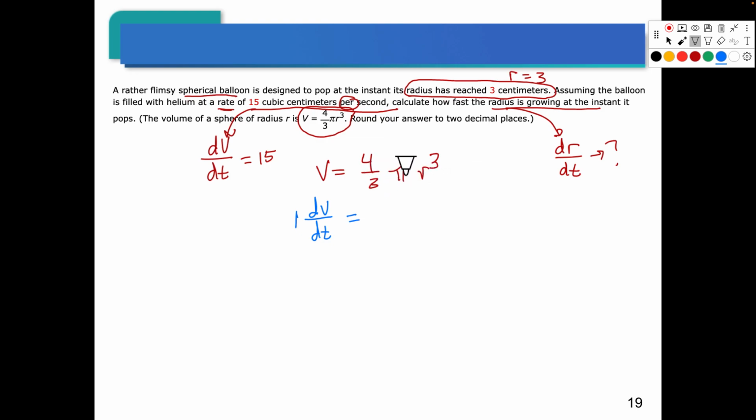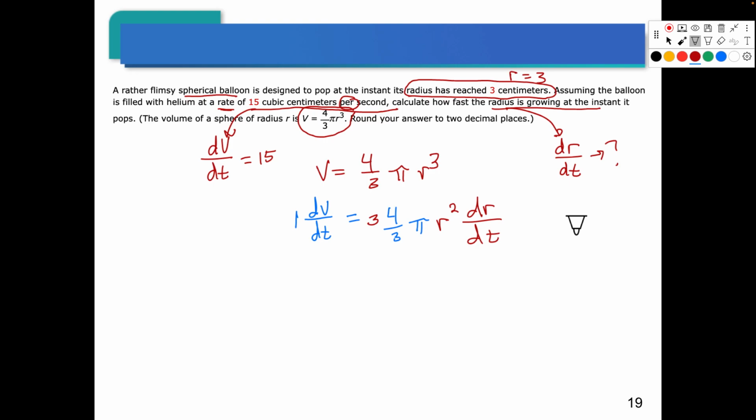It's going to tag along. Pi is a number. It's a constant multiplier. So those both stay right where they're at. R is a variable, so I can take its derivative, r to the 3rd. The 3 comes down. So I'll put it in the very front. That's a 3 coming down, and then I subtract 1 from the exponent, so I'm going to get r squared. And then I have to put the marker that I took the derivative of r with respect to t.